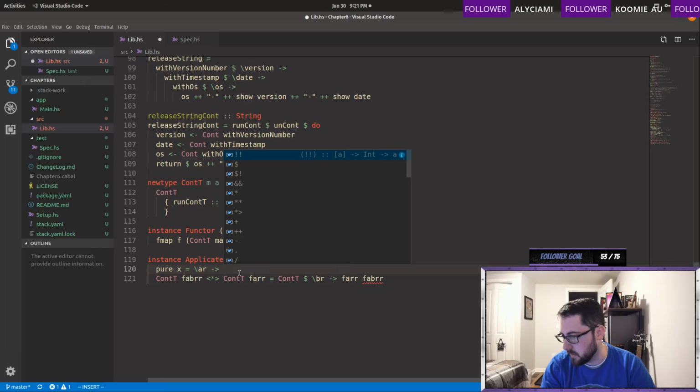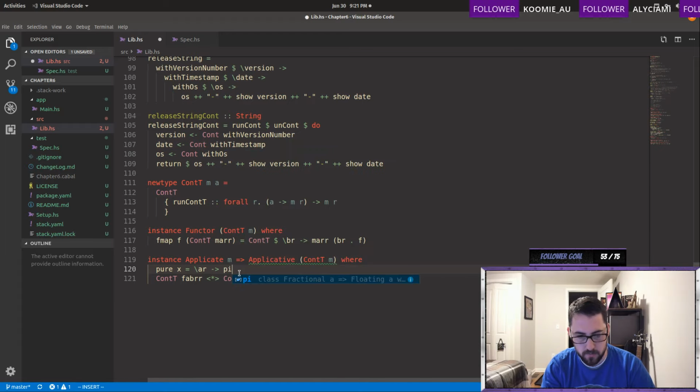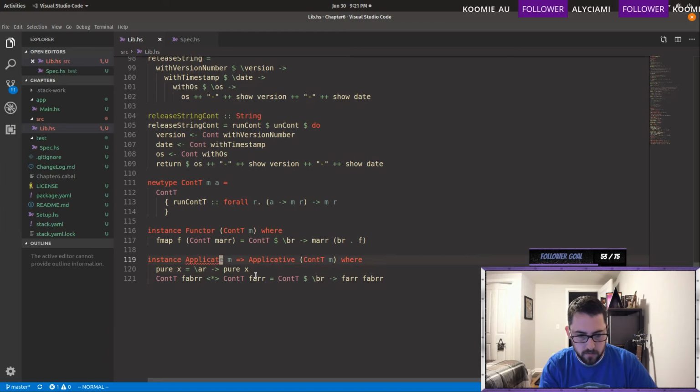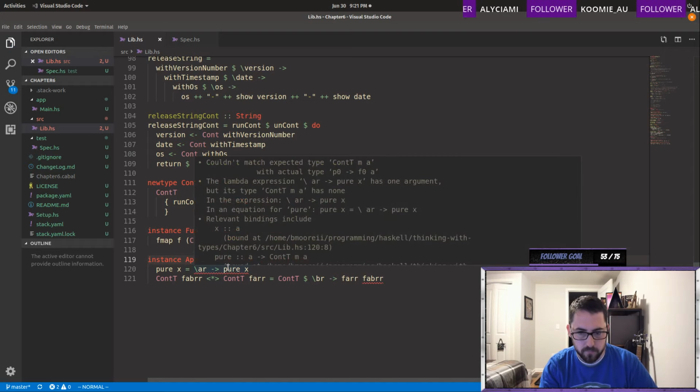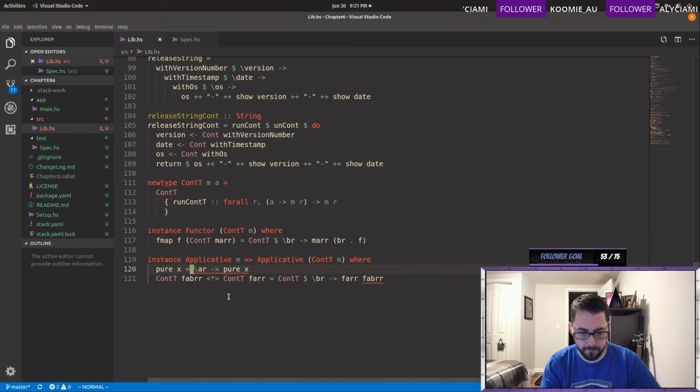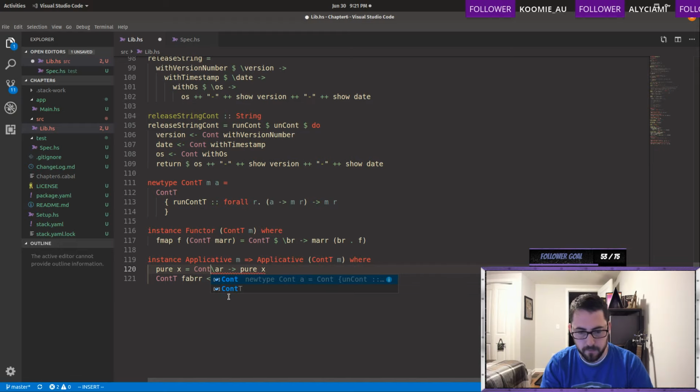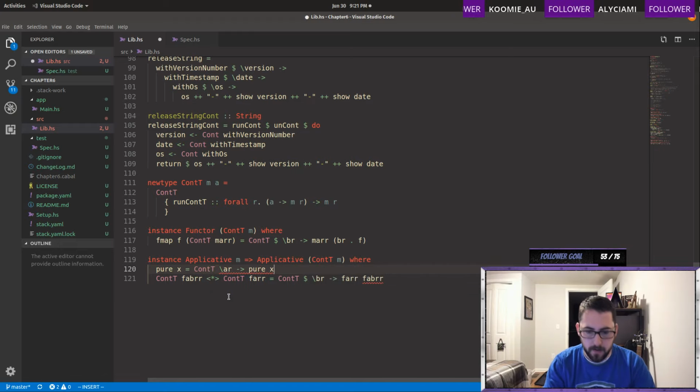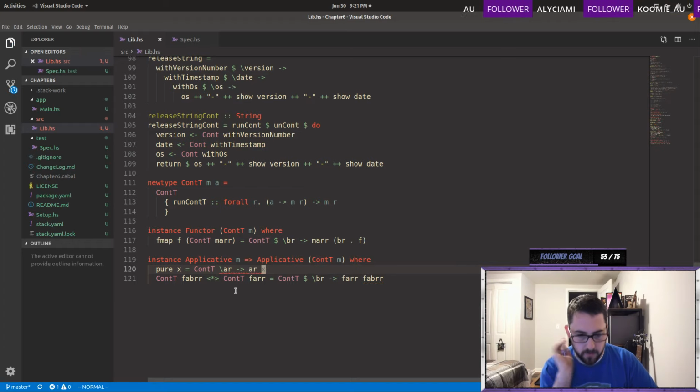This version, more commonly called codensity. I've heard that term before. I guess I don't need this. Maybe I need something.